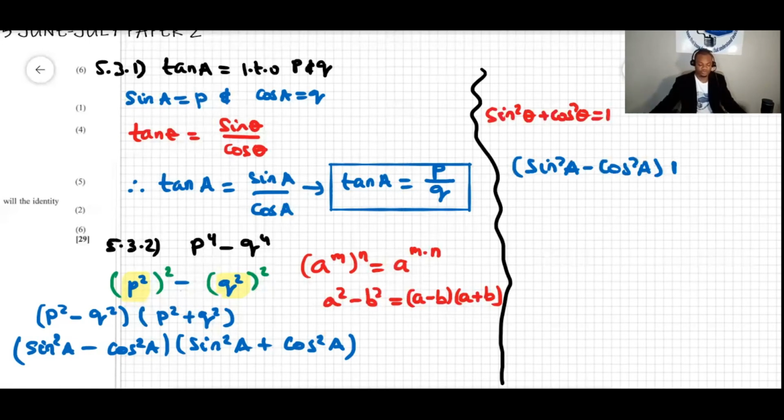And then we do know another property. Maybe I should just write the properties here. Use the identities.